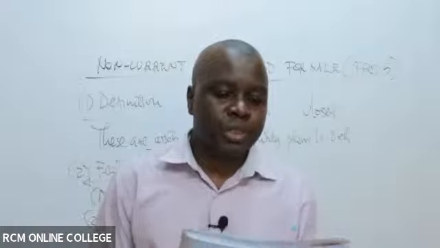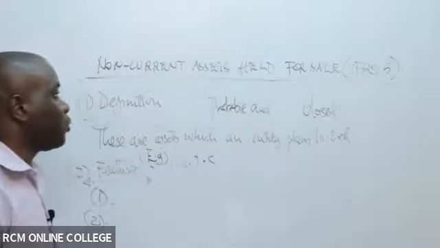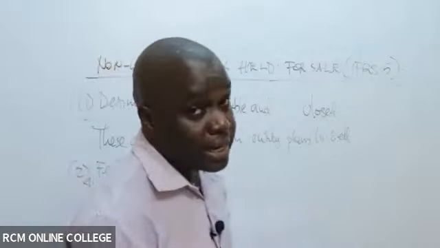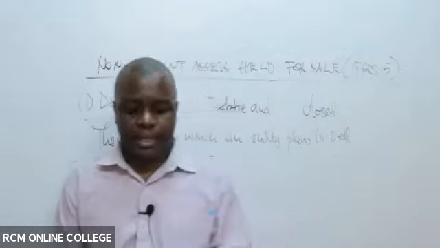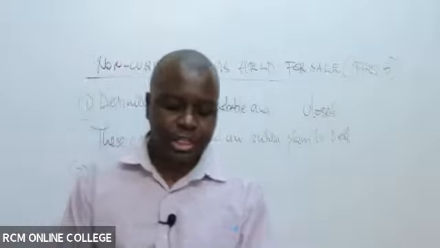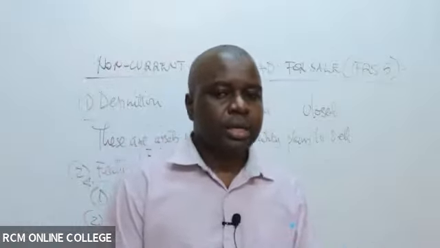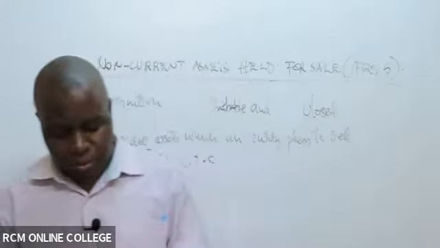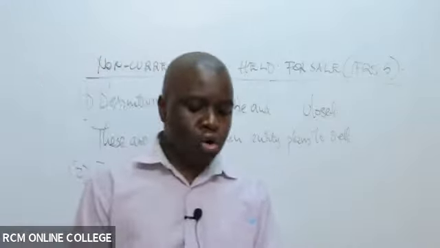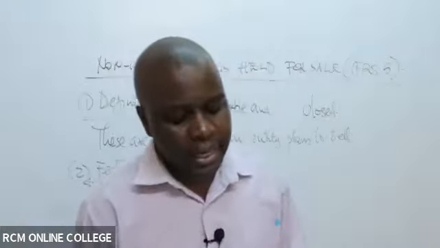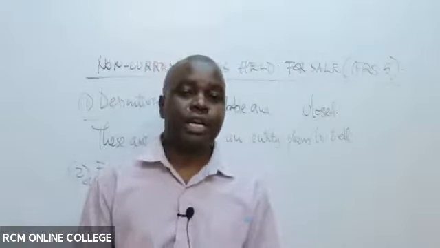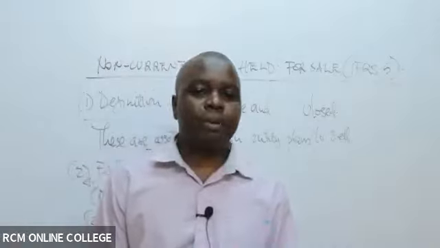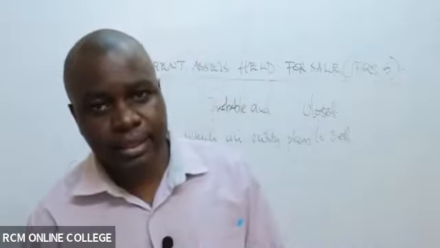Then number 6, the last feature to know of a non-current asset held for sale: it is unlikely there will be any changes in or withdrawal of the plan to sell the assets.